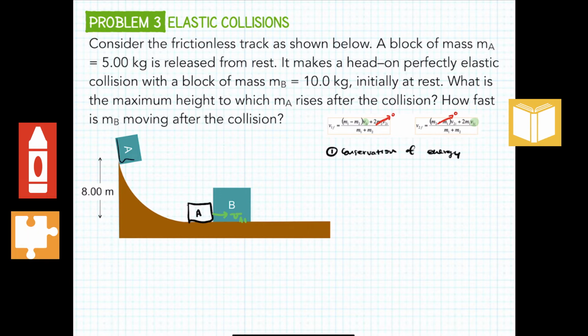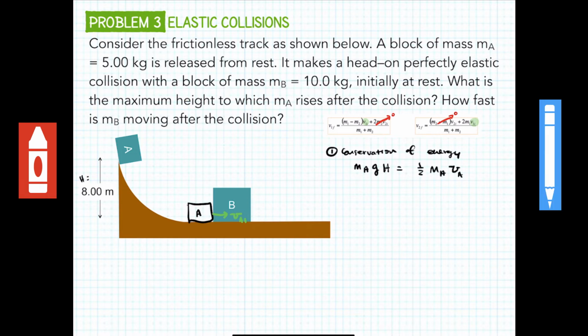And that's from here to here, okay? So we start out with, let's call this mass A, G, and H. I'm just going to call H equal to 8 meters, is equal to mass A, 1/2, so potential energy to kinetic energy, mass A, VA initial squared.